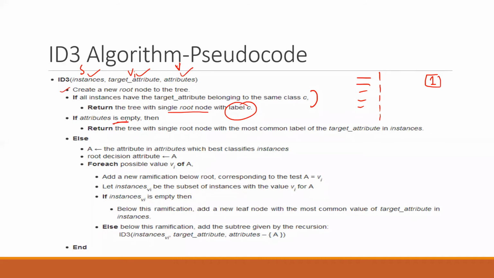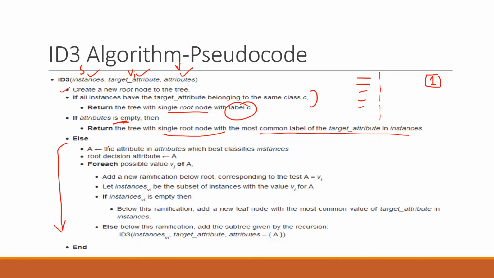If the attributes is empty, then it will again give a single root node with the most common label of the target attribute in instances. So whichever is the most common, the mode will be taken and given as the output. Otherwise, the steps that have to be followed are these.